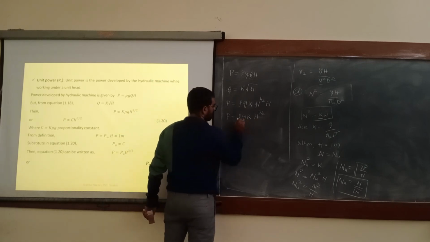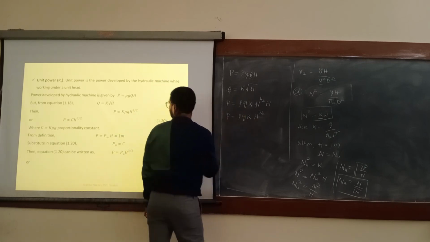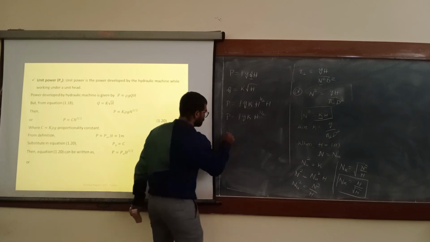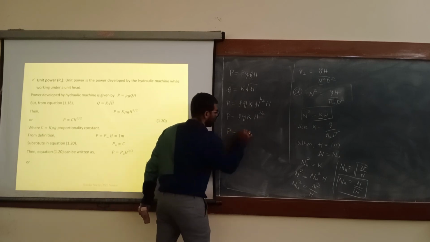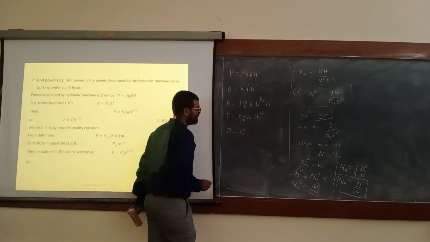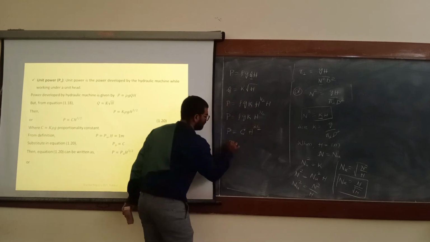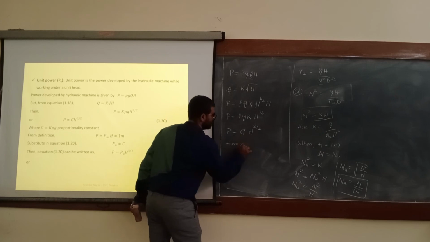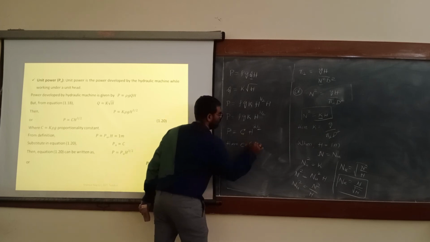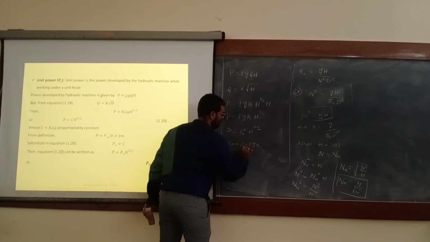Here we have the three constants rho, g, K. Instead of that, we will use one more constant, that is C, H to the power of 3 by 2. Here what is the value of C? C is nothing but rho g K. This is the constant.